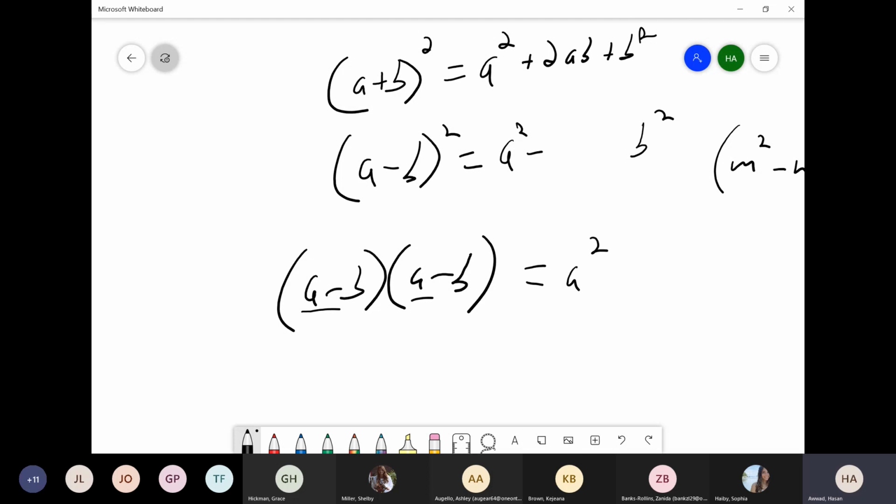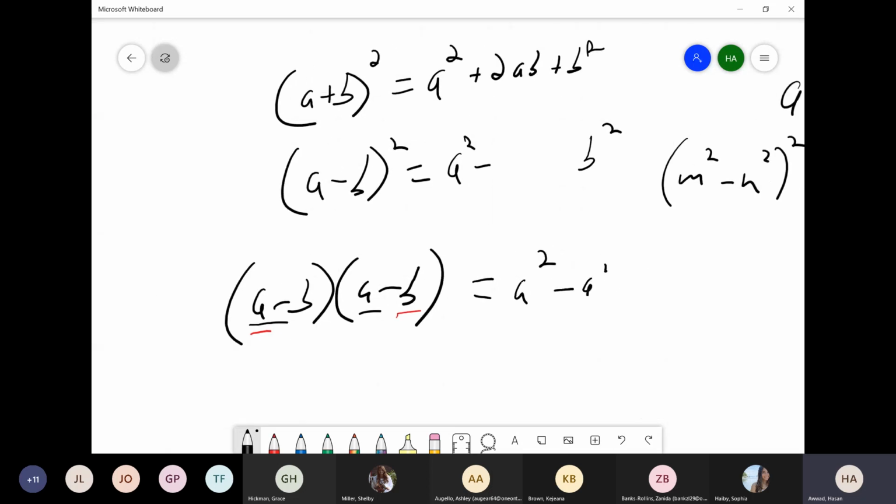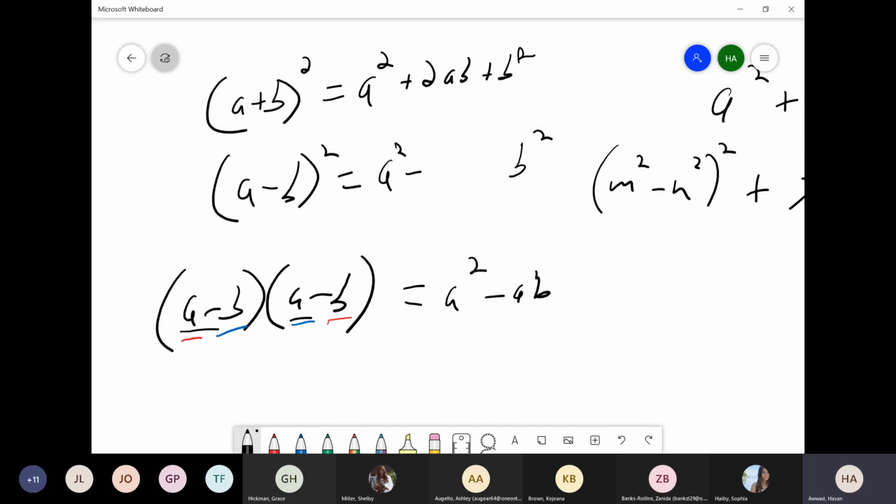To do the outside, that's a times the negative b, so that should just give us a minus ab. Then we have to do the inside, which is still a minus b times positive a, so that should give us another minus ab.